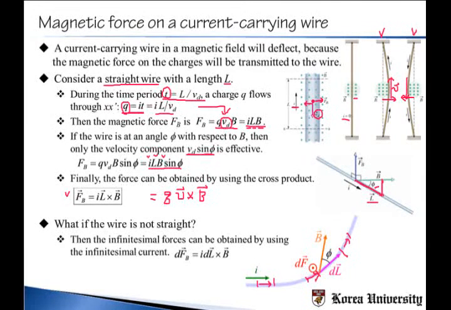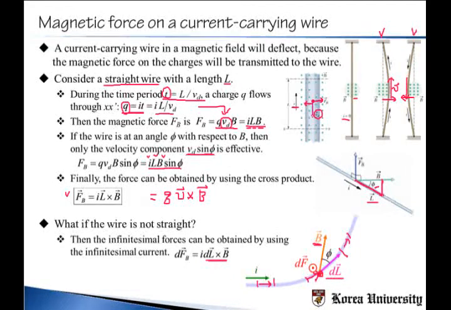So suppose now in this particular position, you are considering a small piece of this length, which we call the dl vector. If it is subject to the magnetic field B and it is making an angle phi, then what you have to do is simply make a cross product between these two things.